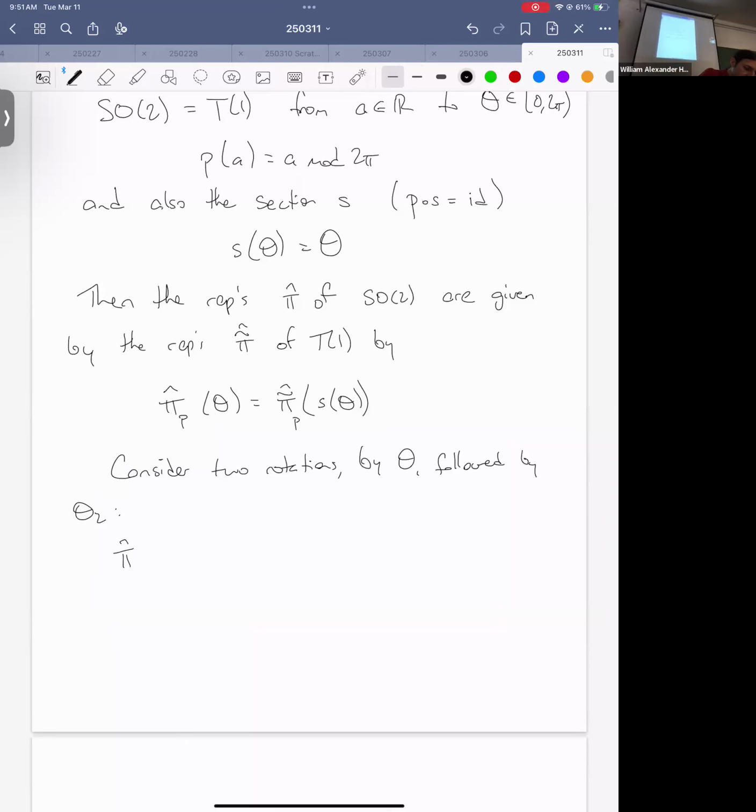So this is then pi hat in the P representation of theta 2, following a pi hat in the P representation of theta 1. So what is this? By whatever equation number this is, let's call it equation 1. This is pi twiddle hat P of the section of theta 2, pi twiddle hat P of the section of theta 1.